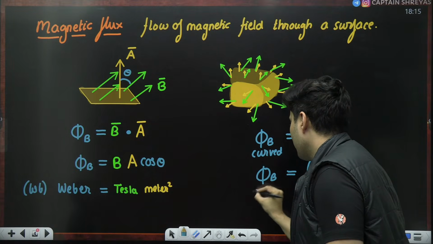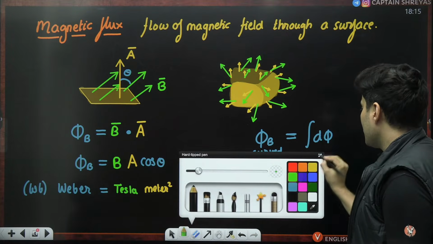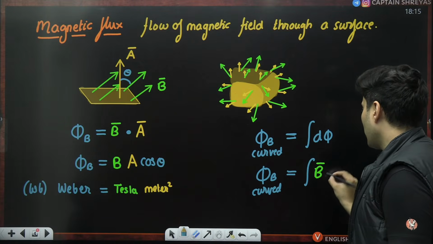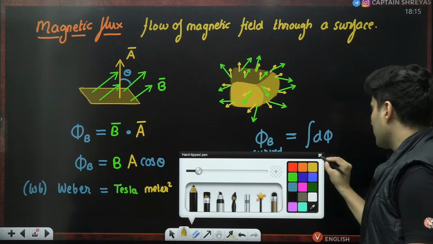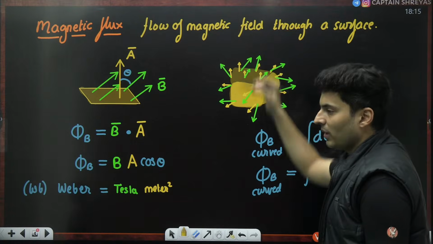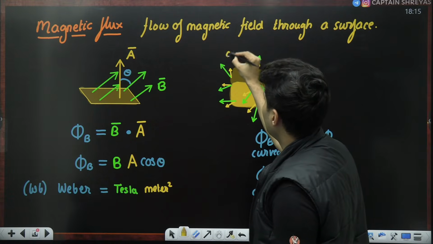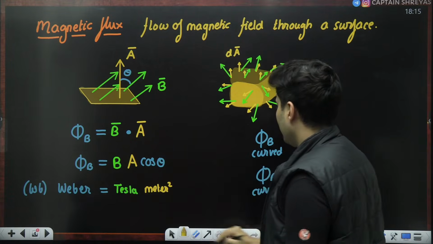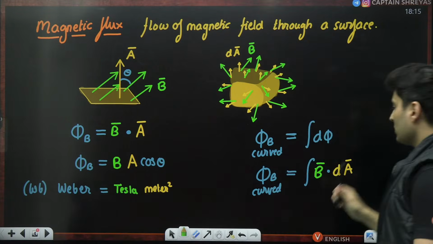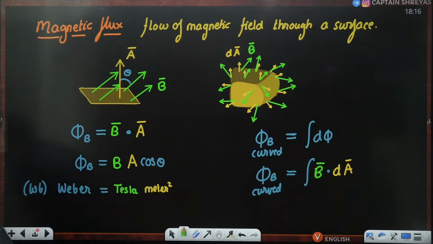So the magnetic flux through any such curved area is the integration of the magnetic field at any point dot producted with the small area vectors dA. Each one of them is a small area vector, and at that local position, we take the magnetic field. That is how you calculate it. I hope this is absolutely clear.